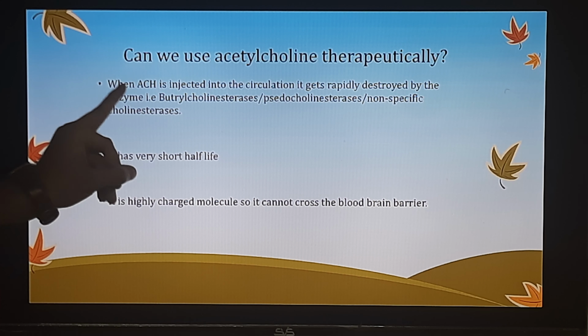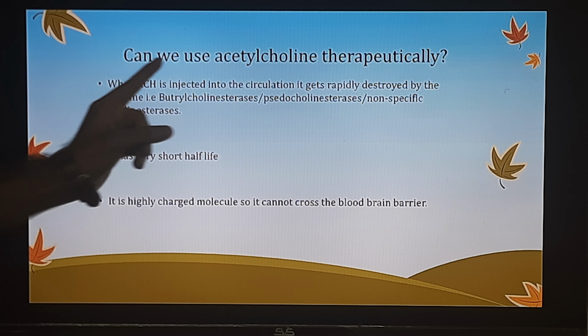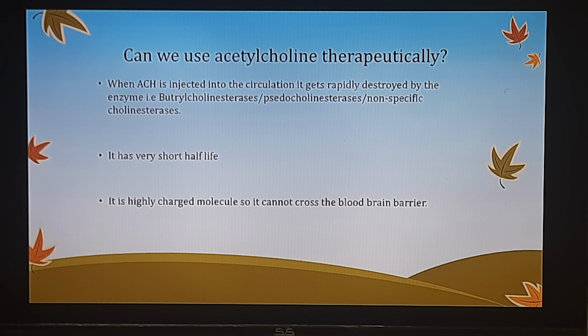When acetylcholine is injected into the circulation, it is rapidly destroyed by a very important enzyme, butyrylcholinesterase, also known as pseudocholinesterase or non-specific cholinesterase. The second problem is that acetylcholine has a very short half-life, and being a charged molecule, it cannot cross our blood-brain barrier.